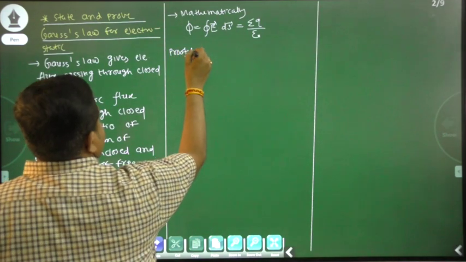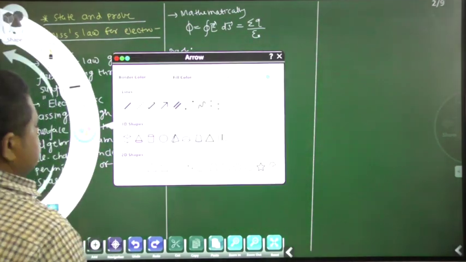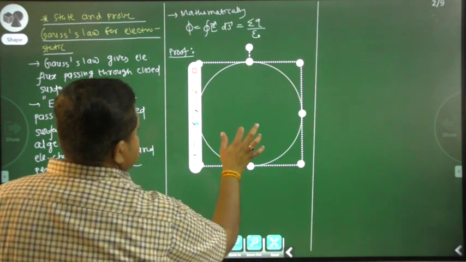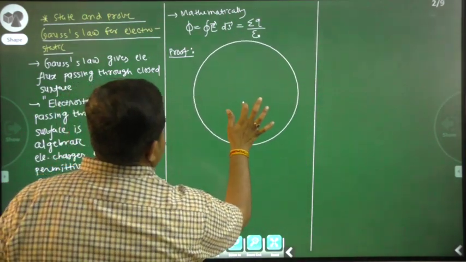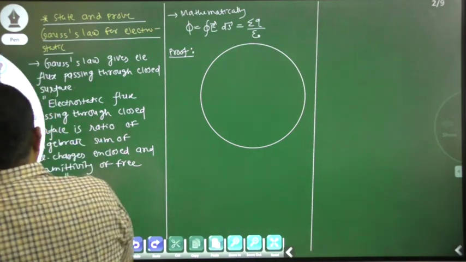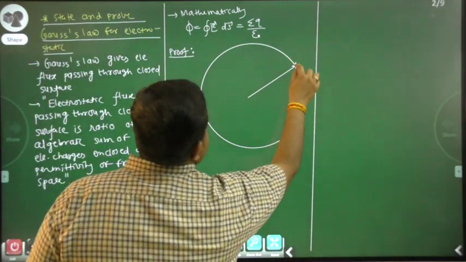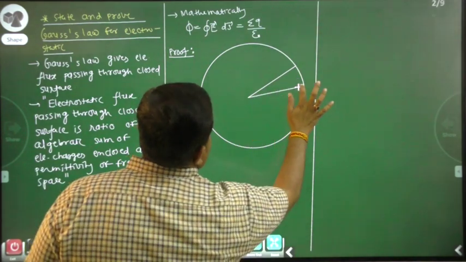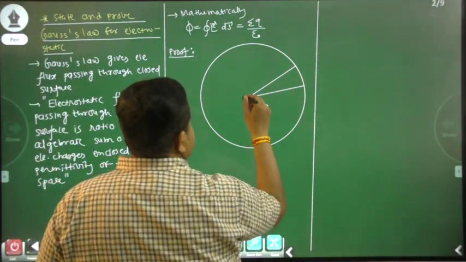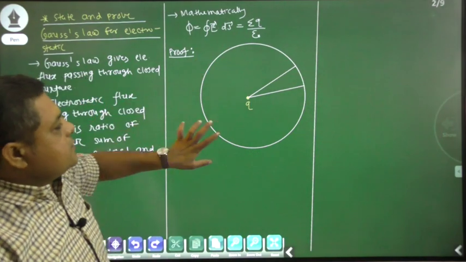Now let's discuss proof. Consider this spherical surface of radius r.